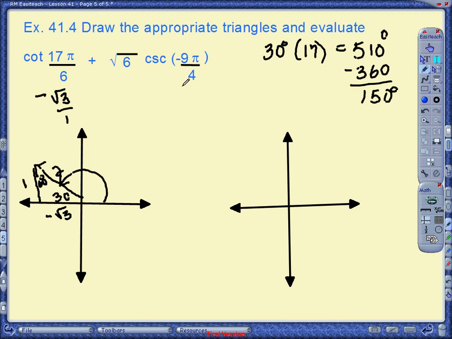Pi over 4 is a 45-degree angle. We figured that out in the last problem. And so 9 times pi over 4 is going to be 9 times 45, and 9 times 45 is going to give us 405 degrees.